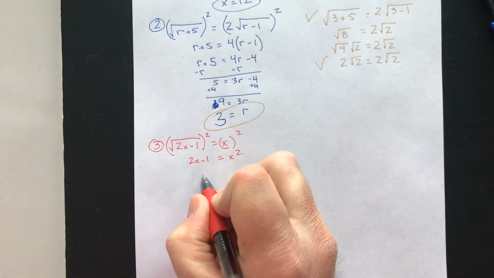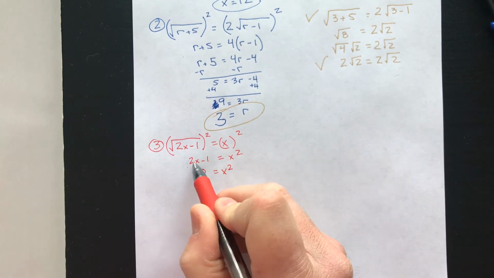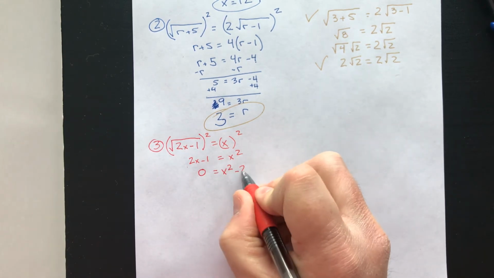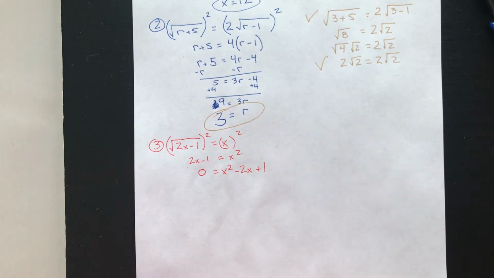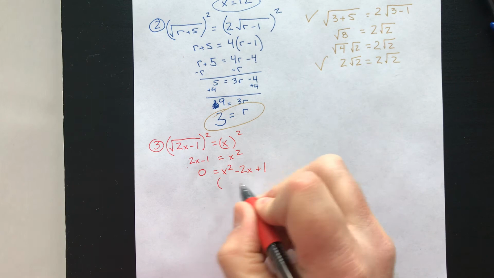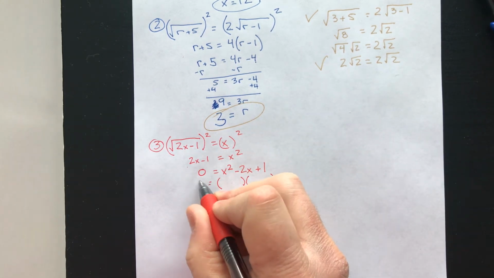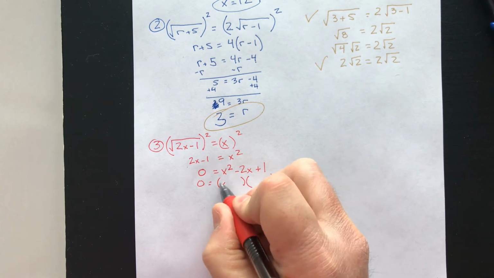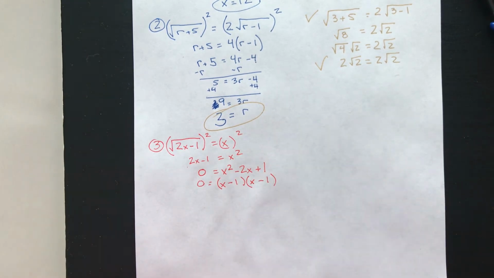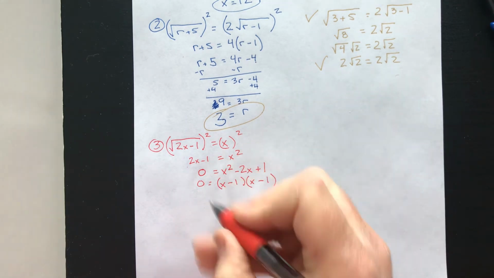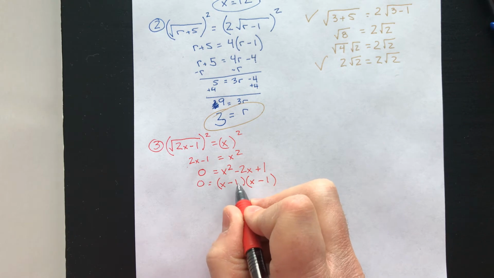So this is 0 is equal to x squared. Remember, I subtracted 2x on both sides, and then I added the 1 over here. And then you solve this just like we've been doing. So x goes here, x goes there. It looks like it's going to be minus 1, minus 1. So our solutions are x minus 1 is equal to 0.